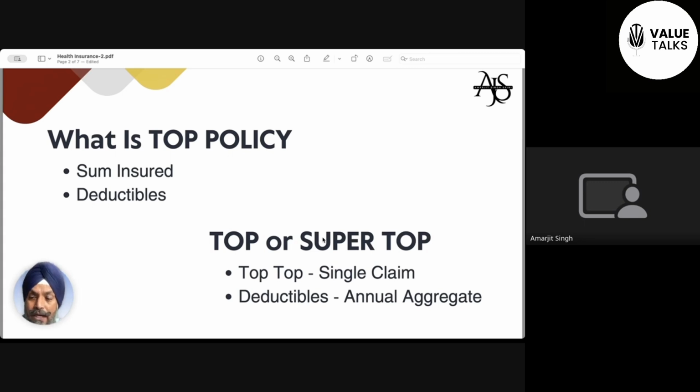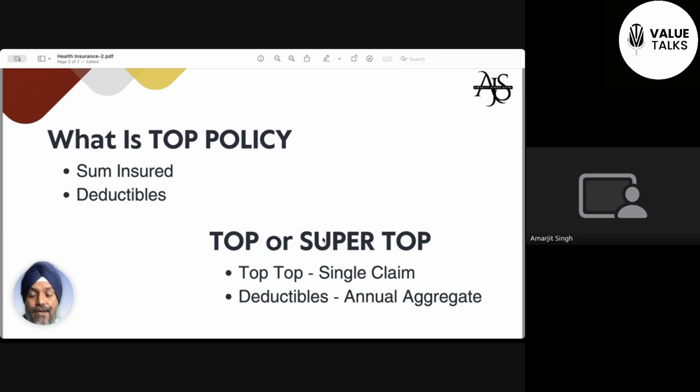Now, one more factor is that, when we say that everything is covered and we get a good cover, being ex army or ex defense personnel, there are certain things which you still have to pay out of pocket, and those are although very few cases, but still that can happen with anyone. That is organ donor expenses.